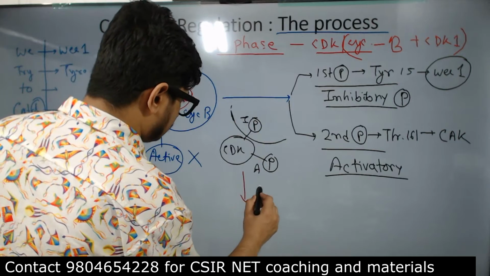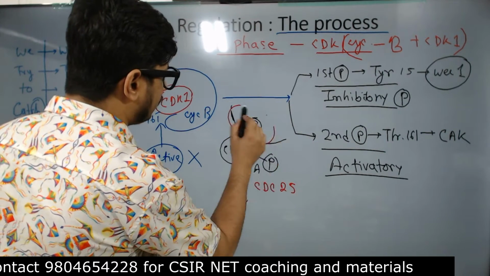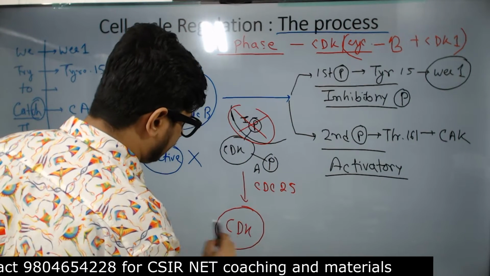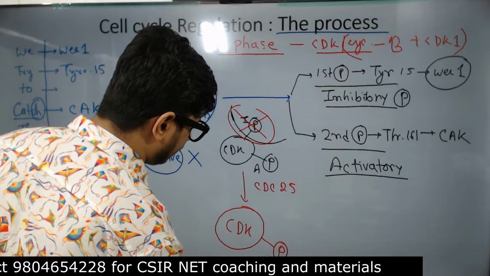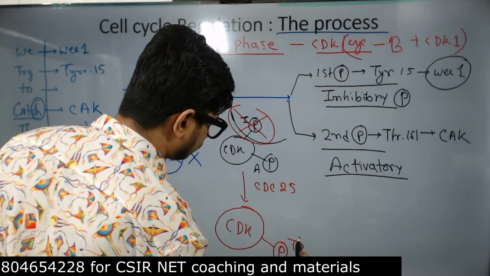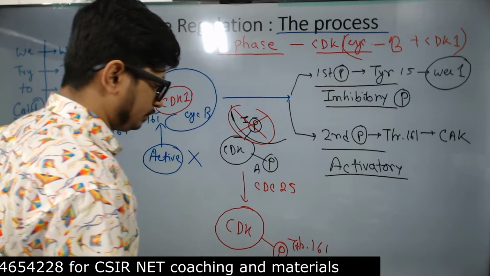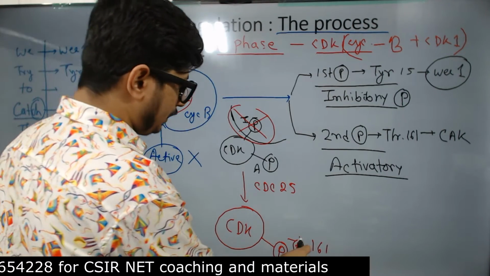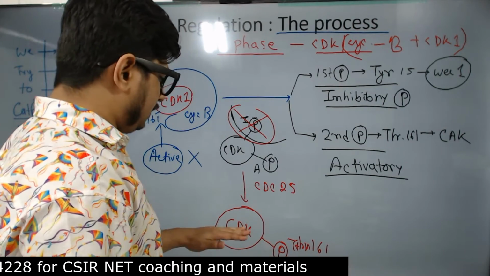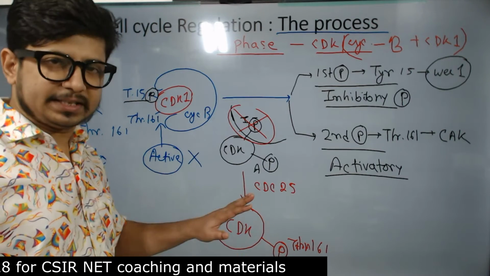Now CDC25 will cleave the inhibitory phosphate out and will leave the CDK with only one phosphate at the active site, that is threonine 161. THR 161. Okay, this is where the phosphorylation remains. The activatory phosphate is in place.